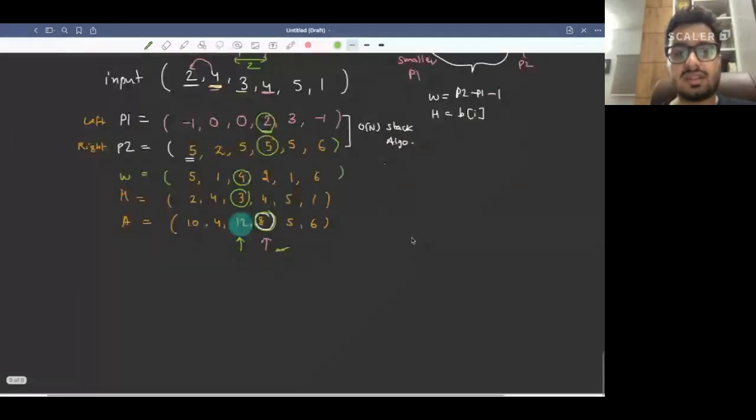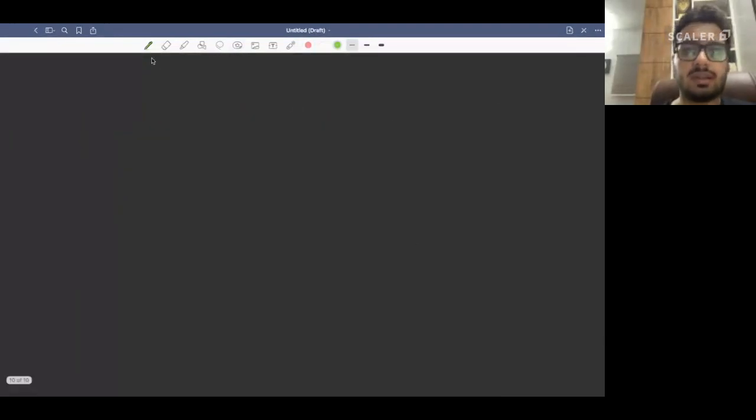Okay, so we took a lot of time, right? But let's now go to the next problem, which is a step more than this problem. So I'm given a 2D matrix of zeros and ones.